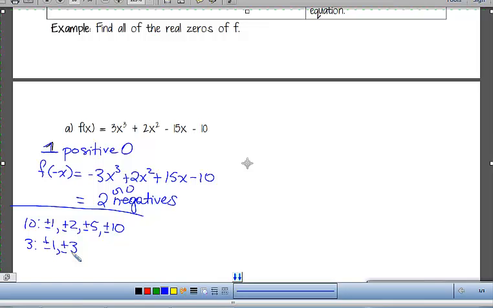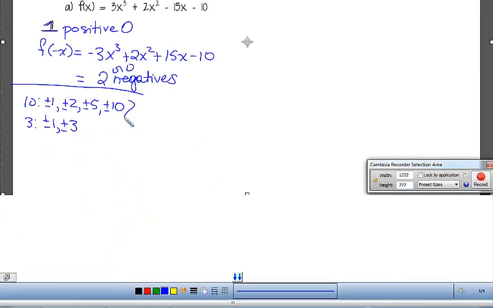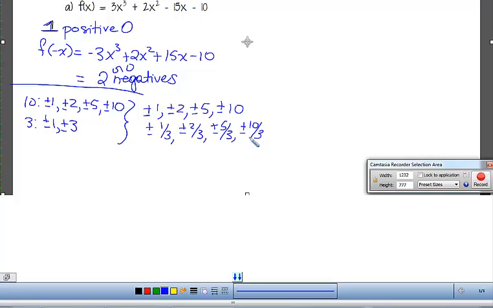So our list of possibilities is going to be plus minus 1, plus minus 2, plus minus 5, plus minus 10, plus minus 1/3, plus minus 2/3, plus minus 5/3, and plus minus 10/3. Okay, so that's our entire list of possibilities for real rational zeros.